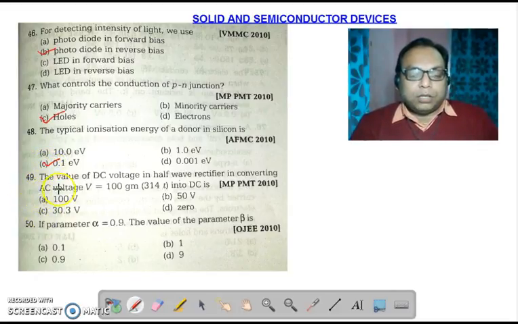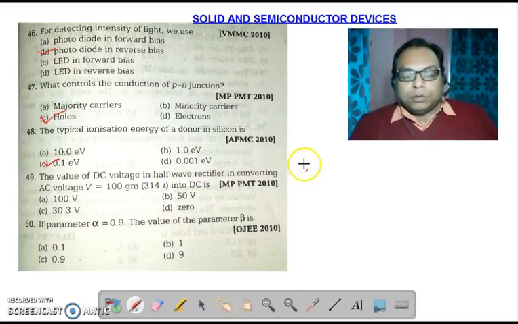In question 49, the value of DC voltage in a half-rectified converting AC voltage V is equal to 100 sin omega t. So what we have to find is VDC.